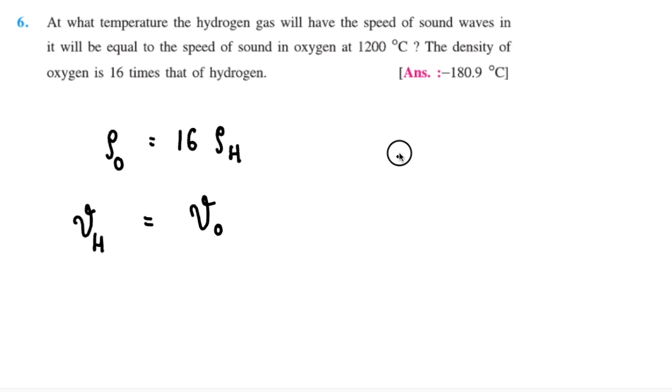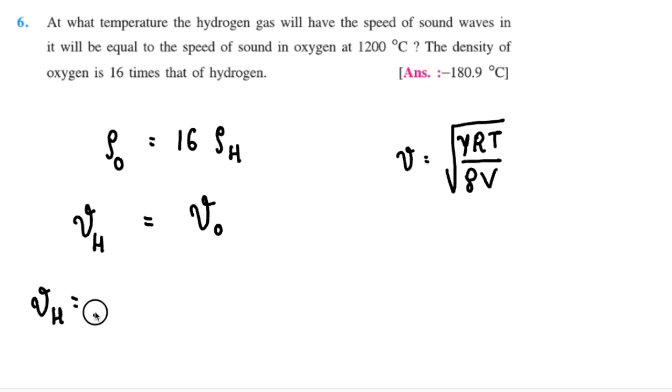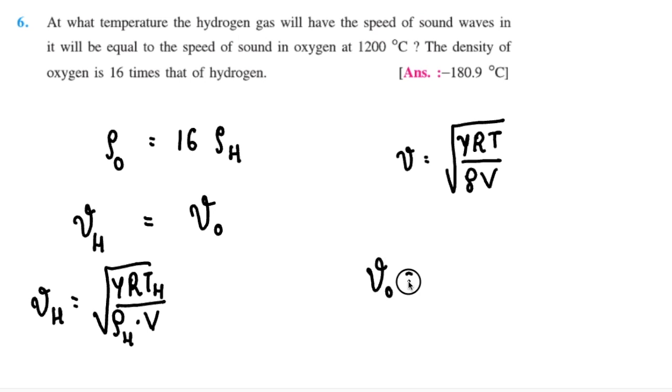Now the formula of velocity that we have is equal to root of gamma RT by rho V. For hydrogen I'll have Vh equals root of gamma R TH upon rho H into V, and for oxygen I have root of gamma R TO upon rho O into V.